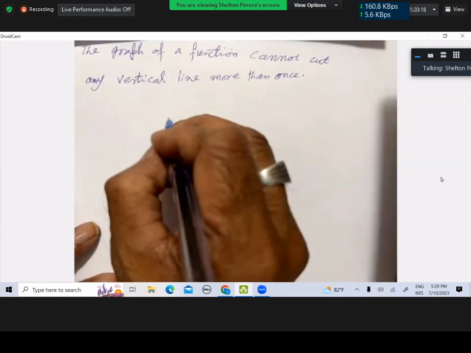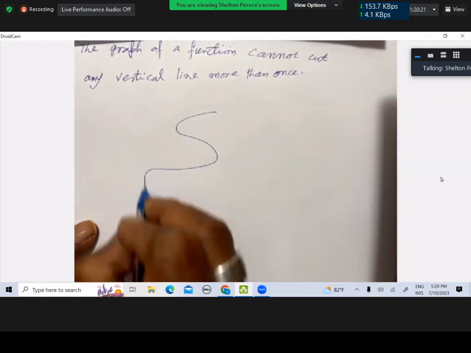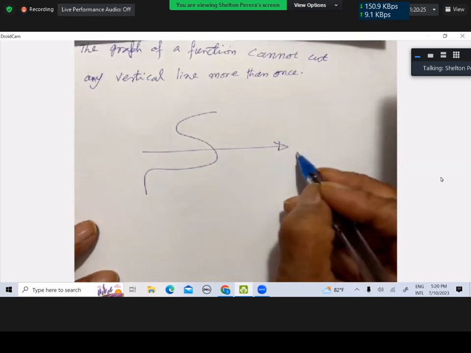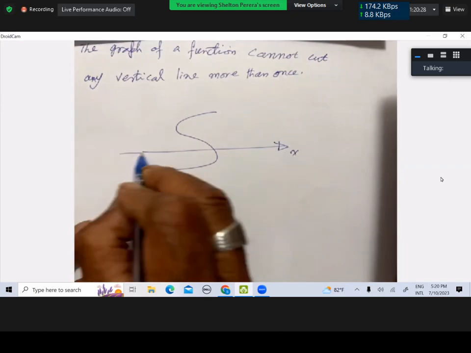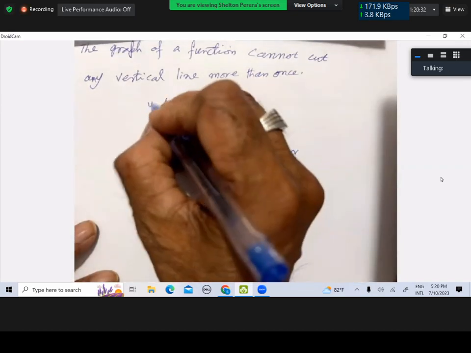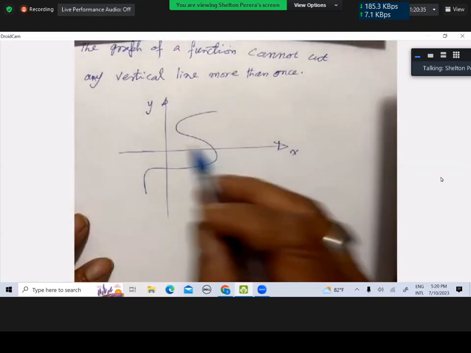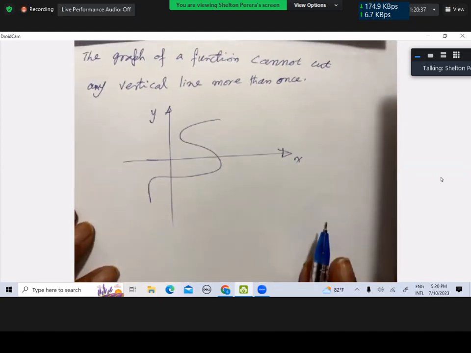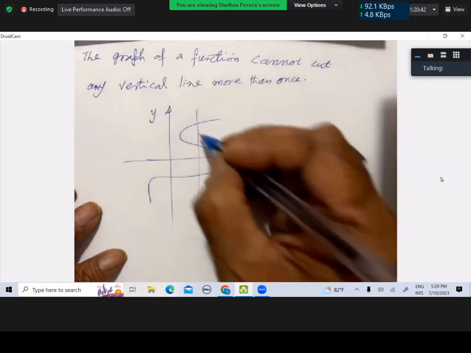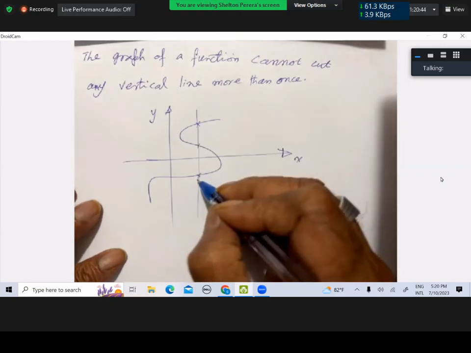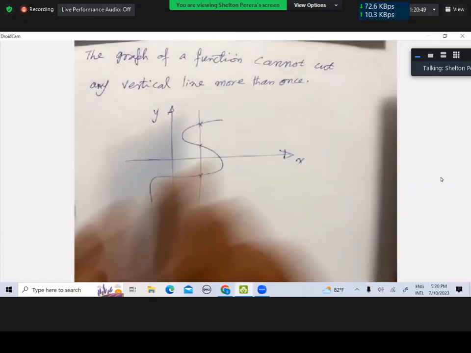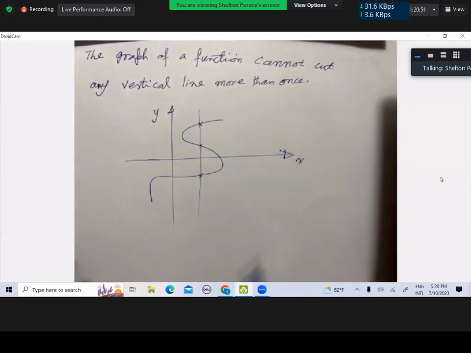So if you draw something like this, suppose this is the x-axis, y-axis. Is this the graph of a function? Cannot be, because this line crosses the graph at 3 points. The graph of a function cannot meet any vertical line more than once.